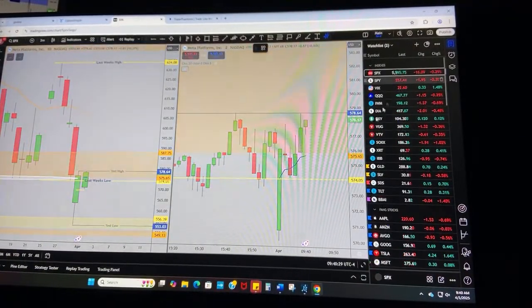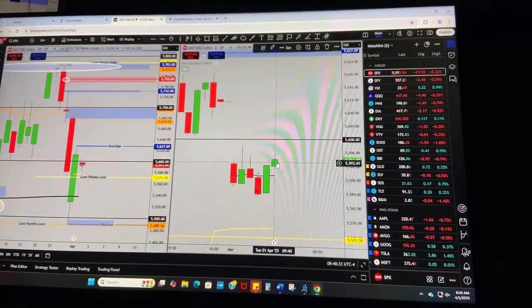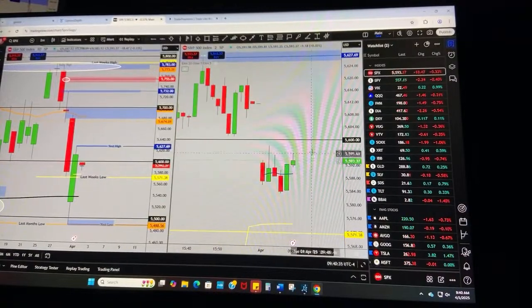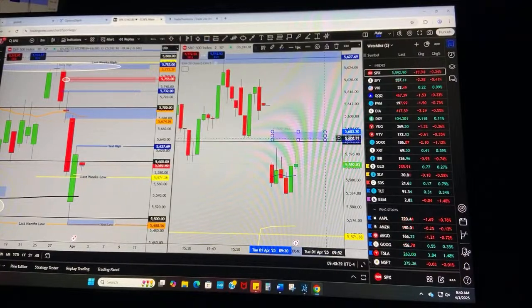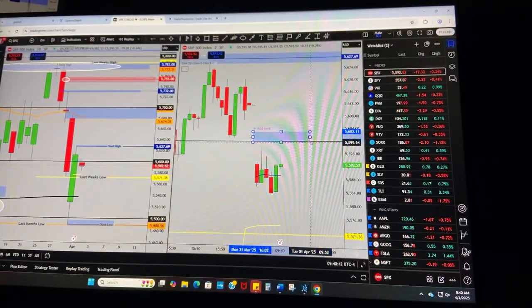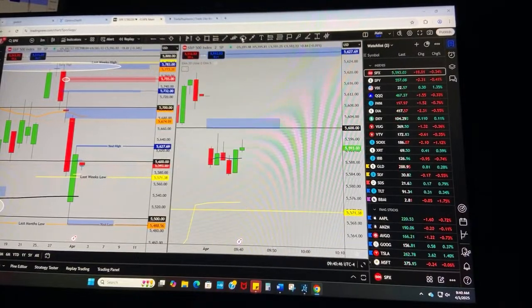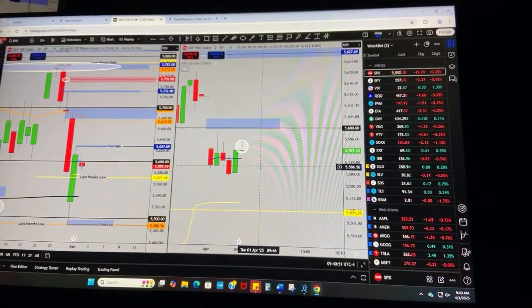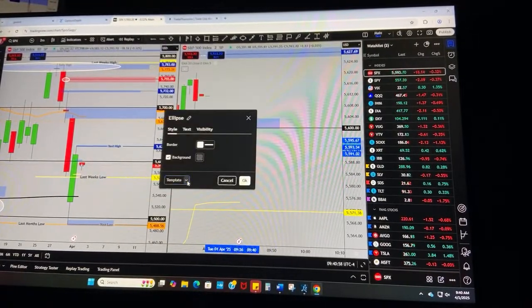It looks like I'm already going to be wrong on that. So let's see how we react and respond at 5,600 on SPX. But for right now, I bought a put. I'll just make a red box here, and if that's wrong, I'll just cut it.